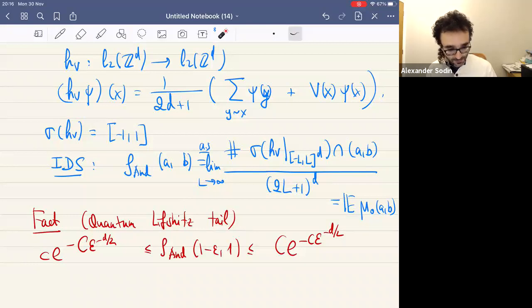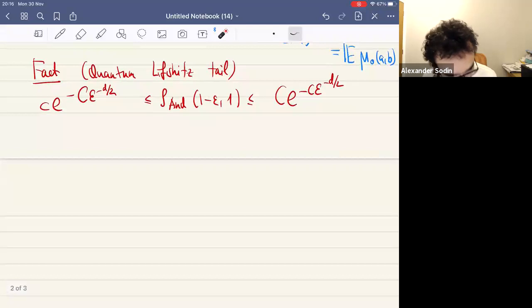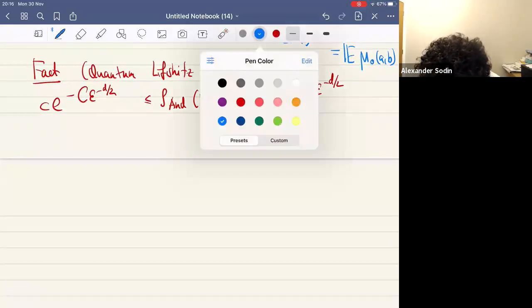which I'll try to define. So if that's okay, let me tell you the idea of the proof, at least very briefly.